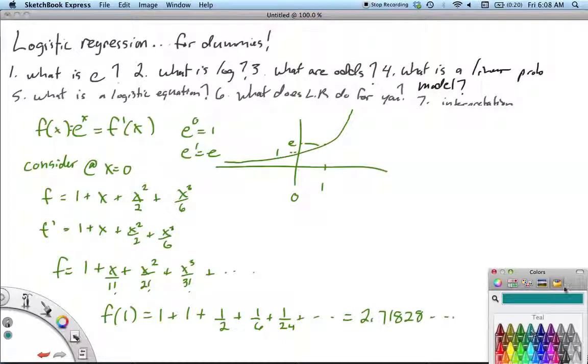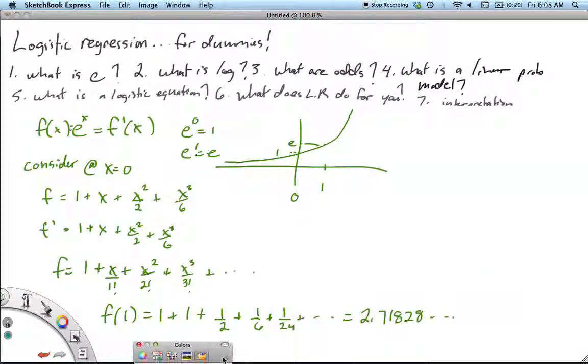And there's another good way to think about it, which is to think about compound interest.